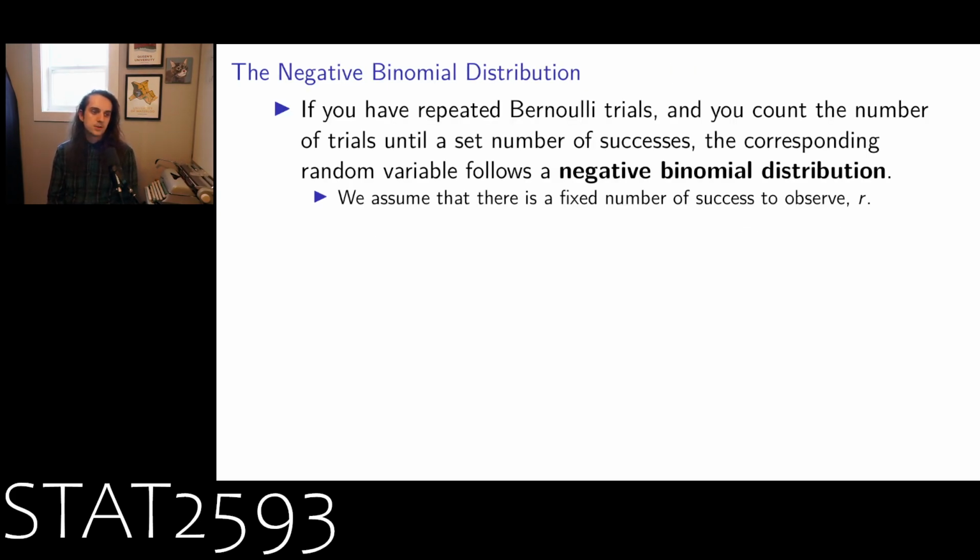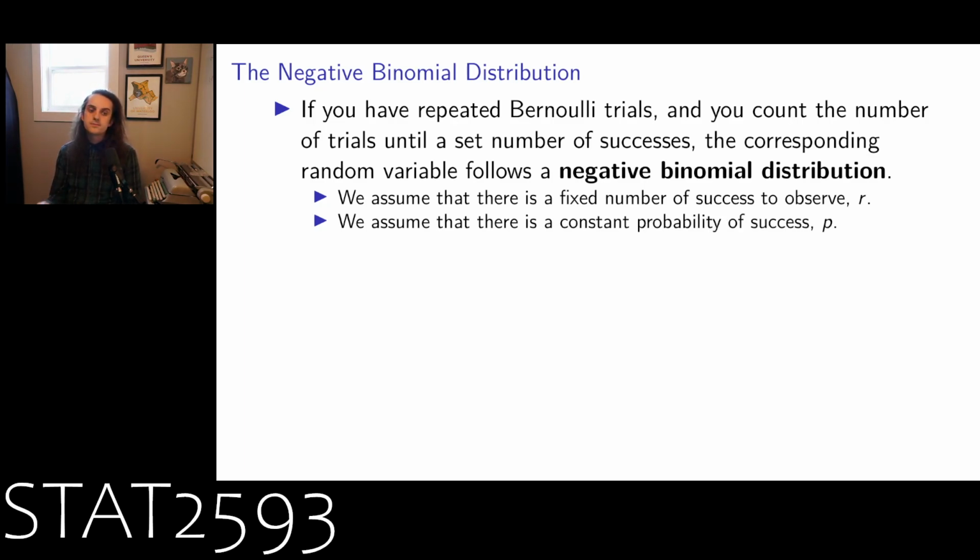Now, the negative binomial distribution is still going to be working with these repeated Bernoulli trials. And we're going to count the number of trials until successes, except instead of, like in the geometric distribution, counting until the first success, we want to go until the kth success. So we assume that we have some fixed number of successes to observe, which we'll call r.